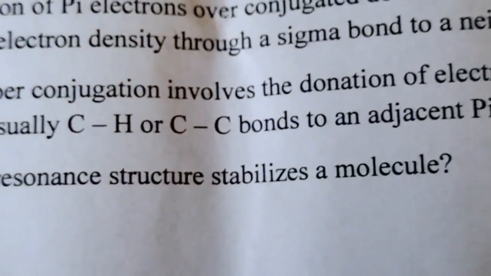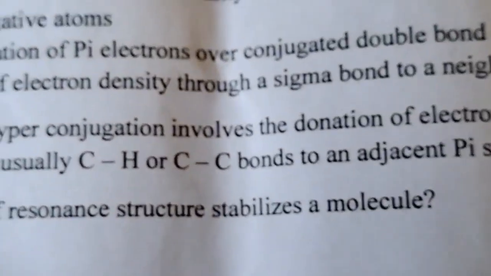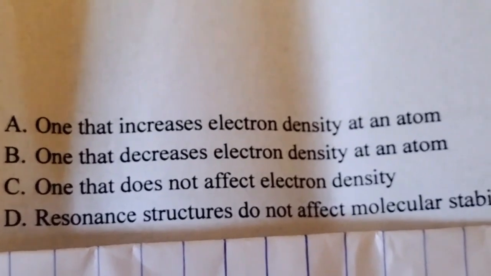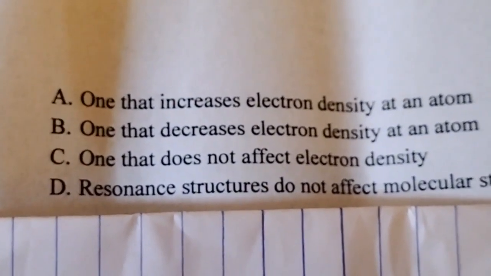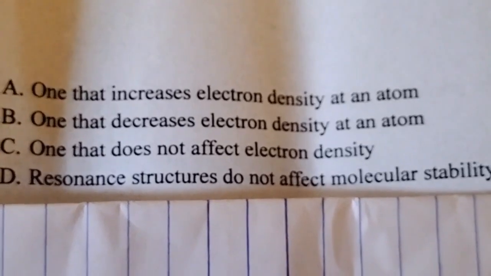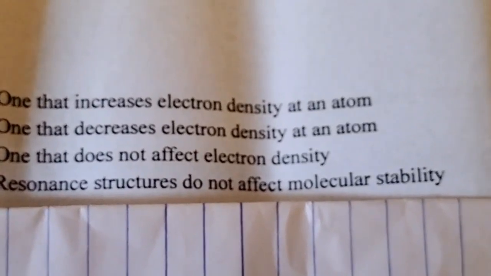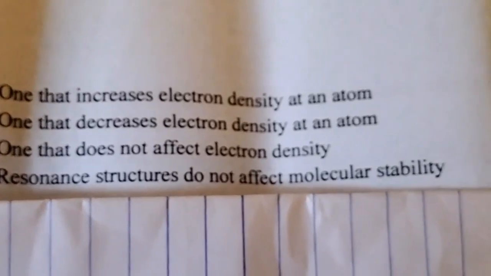Number 14. What type of resonance structure stabilizes a molecule? A. One that increases electron density at an atom. B. One that decreases electron density at an atom. C. One that does not affect electron density.